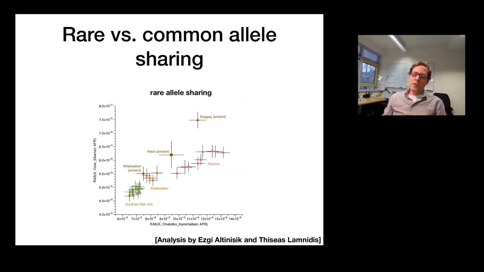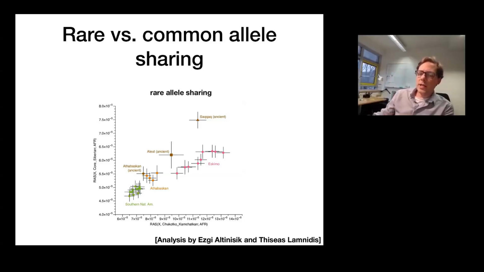So here's a plot that Eski helped make, actually, with one of my students, where we looked at rare allele sharing between every one of these newly reported ancient samples and some modern populations from America with populations outside of America. So with Chukotko-Kamchatkans on the x-axis and Siberians on the y-axis.